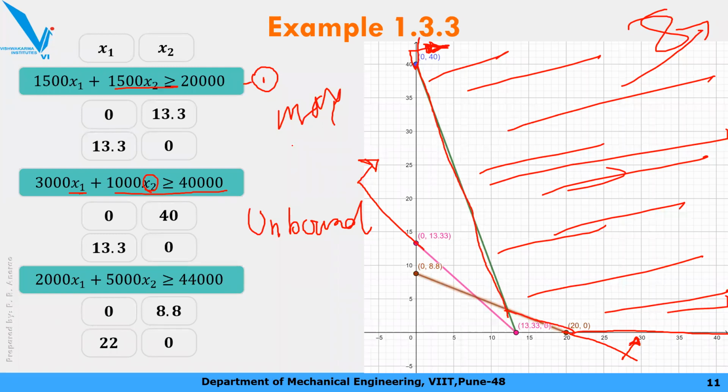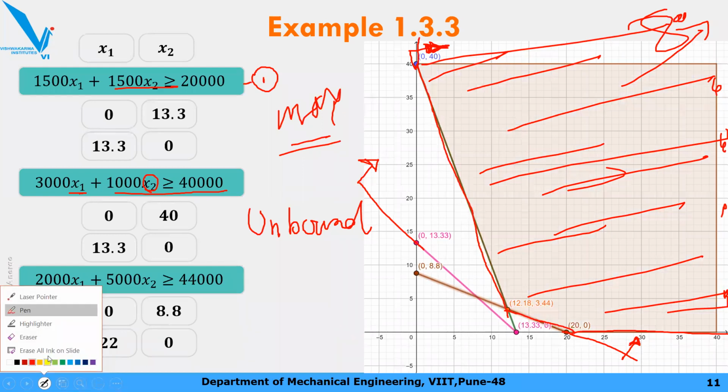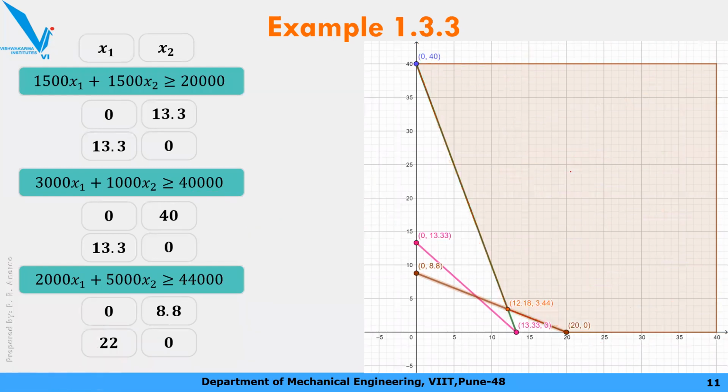If we were dealing with maximize Z, we could have got the answer somewhere here. That could be your maximize Z. But as we are dealing with a minimization problem, that is not the tricky task here. So this is your feasible region. You got the corner points, at least three corner points.